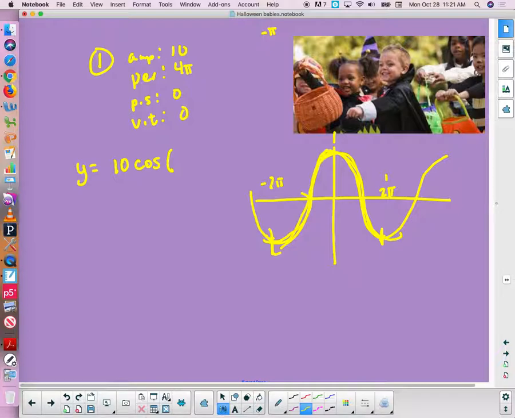If the period is 4 pi, you've got to force that to happen. 2 pi over b, or c, or whatever letter you want to use in front of x, okay? It's got to be 4 pi, right? So I'm going to cross multiply, and I'm going to get 4 pi b equals 2 pi. B, Chloe's already reduced it to 1/2.